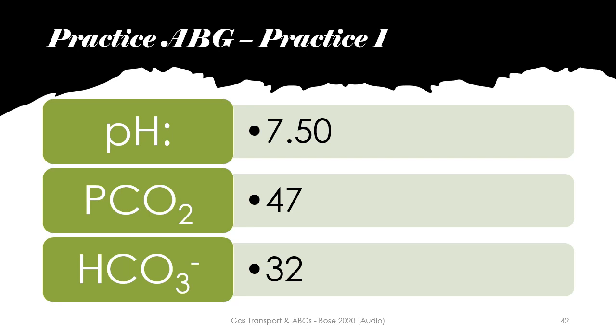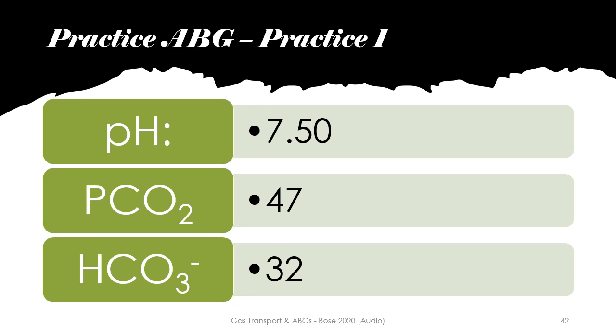And finally, is there any compensation occurring? Has the body tried to fix the problem? Has the other component, opposite to where the problem lies, gone outside of its reference range, and to what effect? Has the body done a good job of fixing the problem?